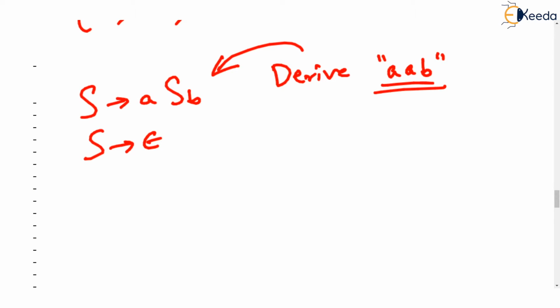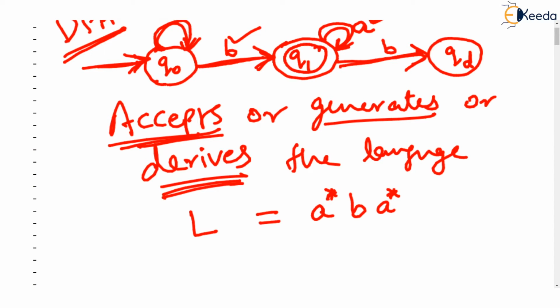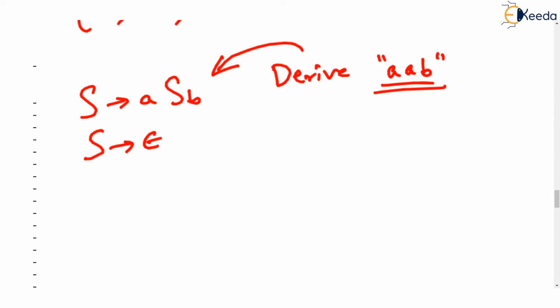The answer is no. It's just like, if you give this DFA a string which doesn't fit this rule, then the DFA will reject it. I hope you are understanding, isn't it? It will reject if it doesn't suit or fit this particular rule. Similarly, if you give double A followed by B, which doesn't obey the rules of this grammar, then this string will be rejected.